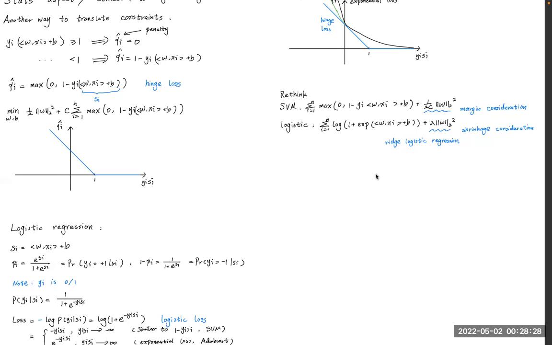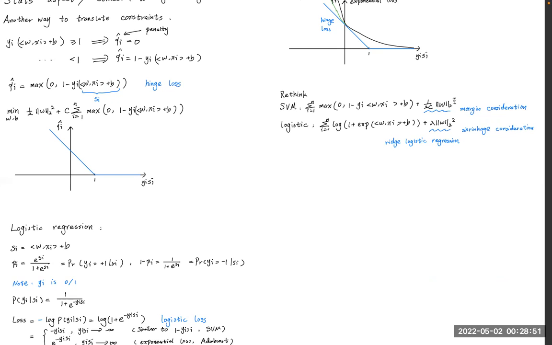So that's on the L1 regularization side. L1 regularization gives you the selection, including forward selection. And the L2 regularization gives you the shrinkage, which can also be justified from this margin consideration. Yeah, I think this is the connection.